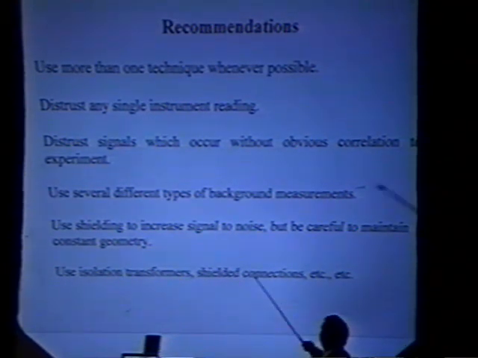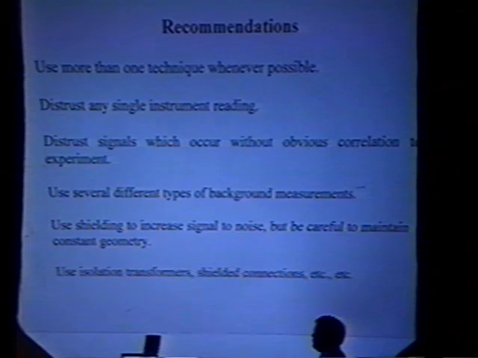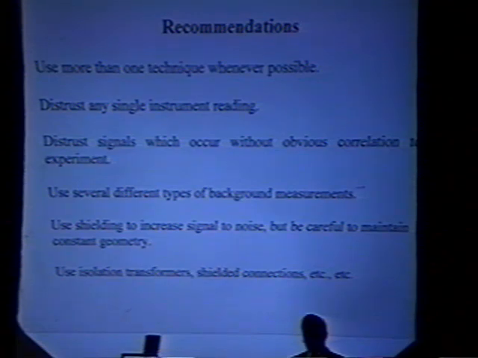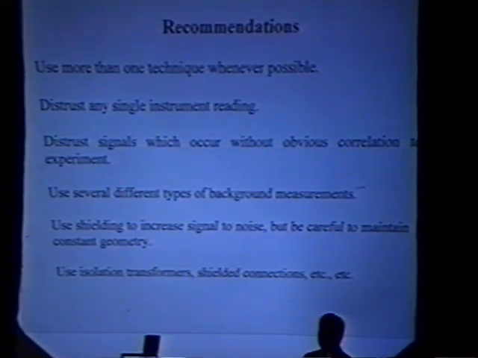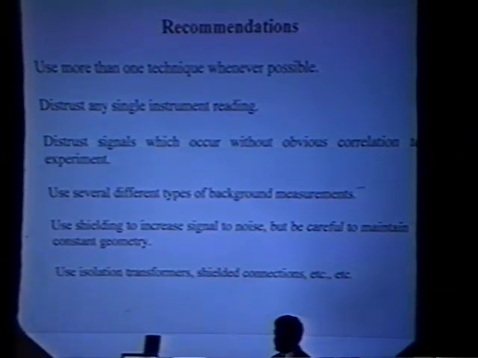What I meant here was not background measurements, but control experiments. If you do no control experiments, that's bad. But even if you do just 1 or 2 control experiments, that's not enough. There needs to be several different kinds of control experiments. One particular problem is, for example, if you have a heavy water cell and then you do background with light water, you may get a different result because the gamma ray interaction or the cosmic ray interaction is different in heavy water than light water, so you'll get a different background.